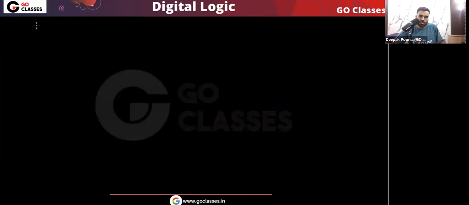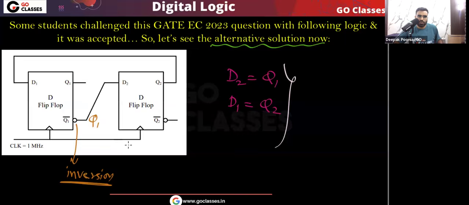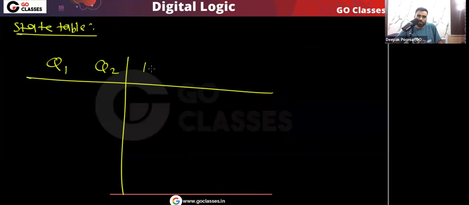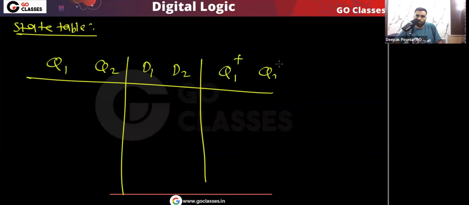So again, let's quickly see what the state table and state diagram are going to be. Let me make the state table. In the state table we have q1 q2 and then d1 d2 and next state q1 next, q2 next.